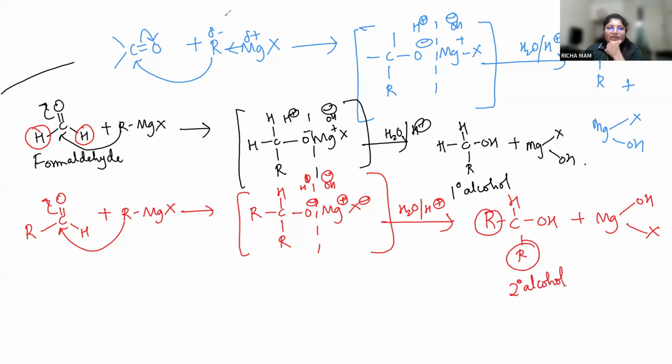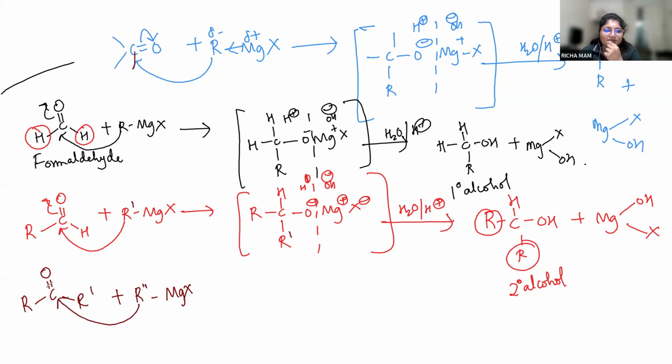Now let me take a ketone. Let us react a ketone with RMgX. Ketone means both groups are alkyl groups.